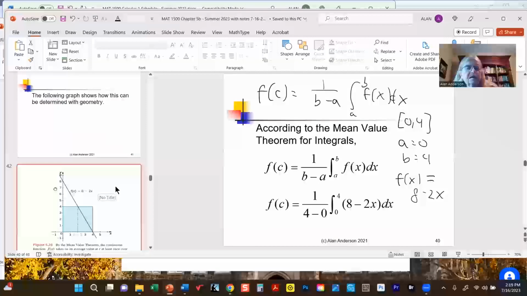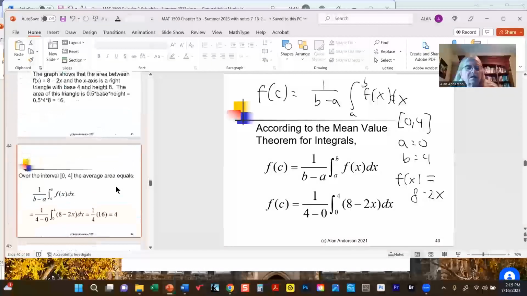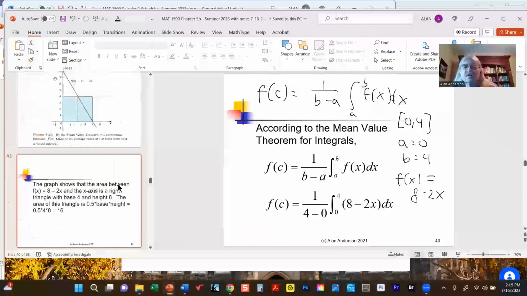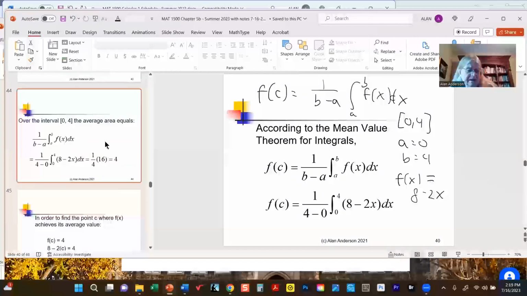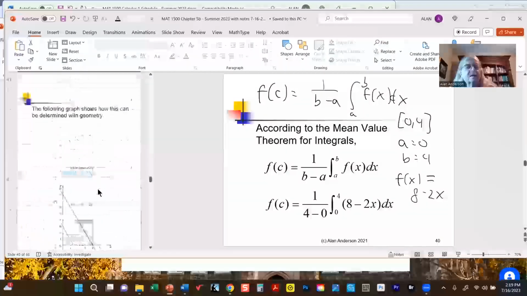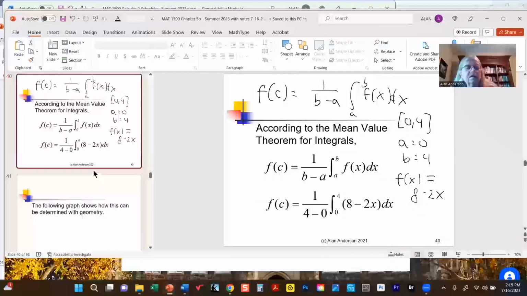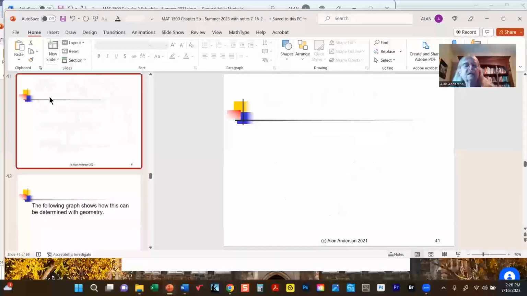And then, let's see, actually in this case, it turns out we can do this with geometry as well as calculus. But why don't we carry on with the calculus part first? Let's say that we continue with this example.